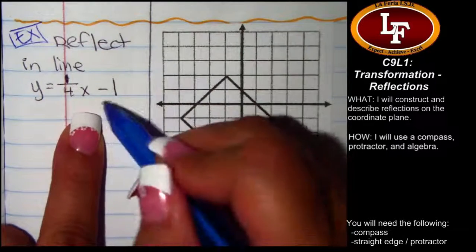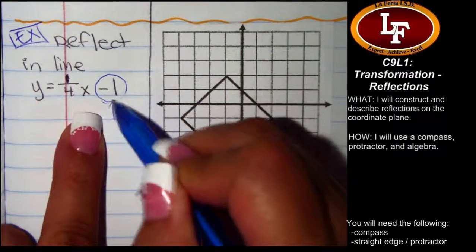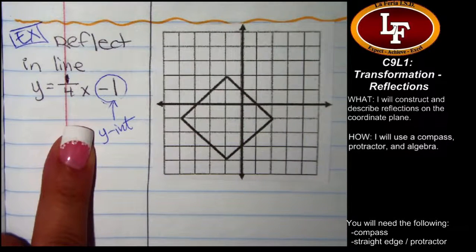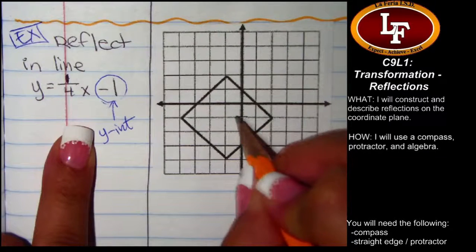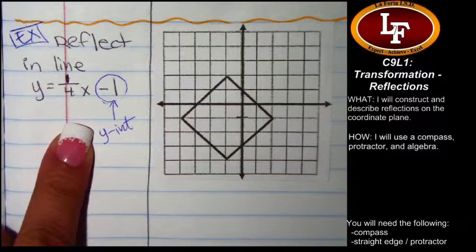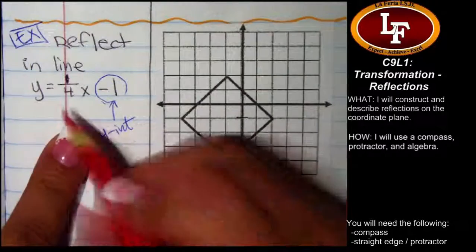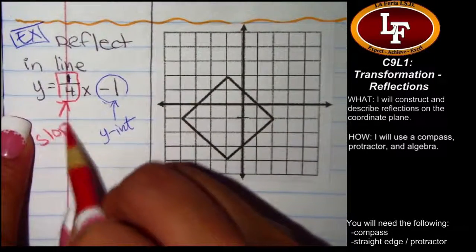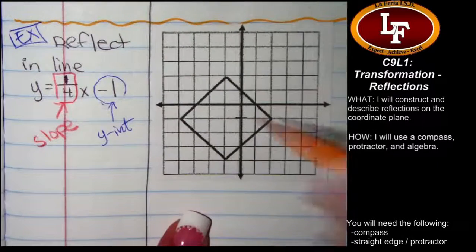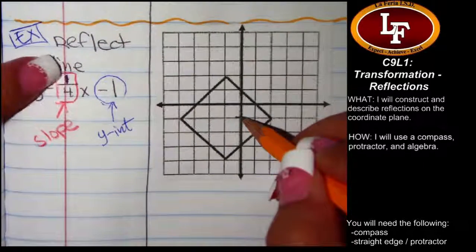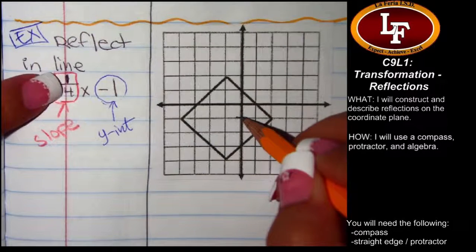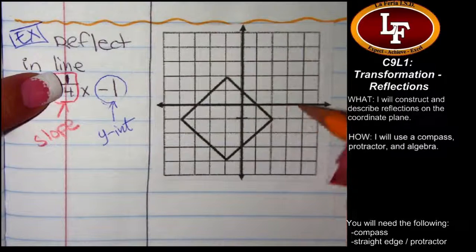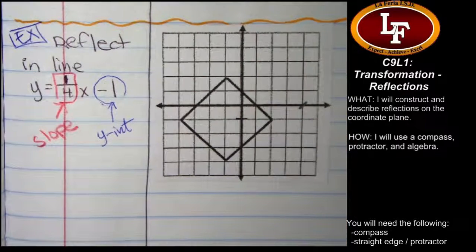In graphing this line, there's some things to remember. This value is the y-intercept from Algebra 1. It's a -1, which means the y-intercept is right there. This value is the slope. It's rise over run, which means from my intercept, I'm going to go up 1 to the right 4. Up 1, to the right 1, 2, 3, 4. So there's my next point.